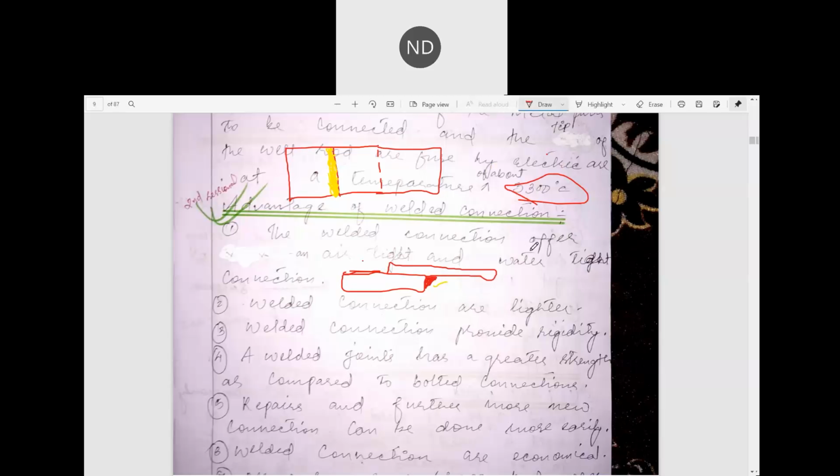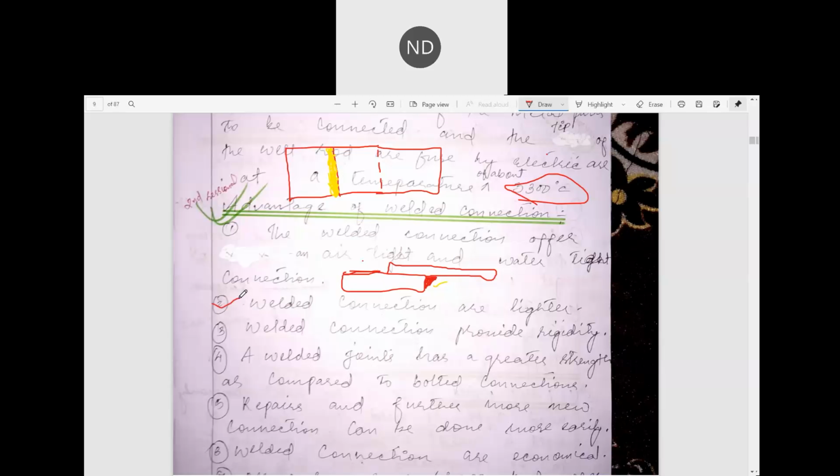These are your welded connections for an airtight joint. It is not unlike the bolted connection. Here you will have an airtight and watertight connection. Obviously, there is no chance of water entering, because your welding, though this diagram may not be perfect, is done in such a way that there is no way for water to come inside the connection and break or weaken the connection, right?